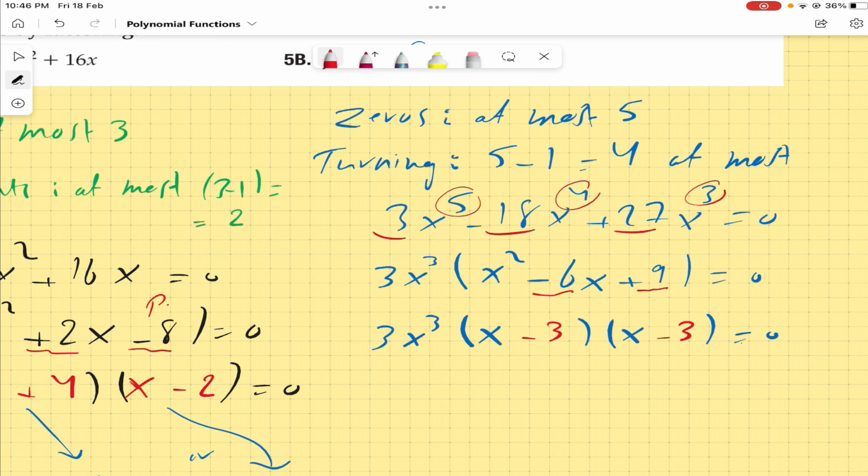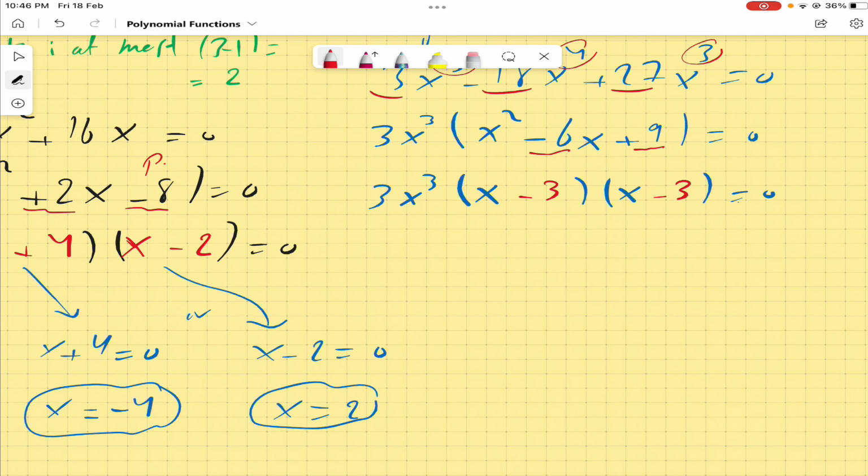When you multiply, you get +9. When you add, you get -6. We're gonna solve the first one, 3x to the power 3 equal to 0, or the other brackets, they are the same, so we're gonna take one of them, x minus 3 equal to 0.